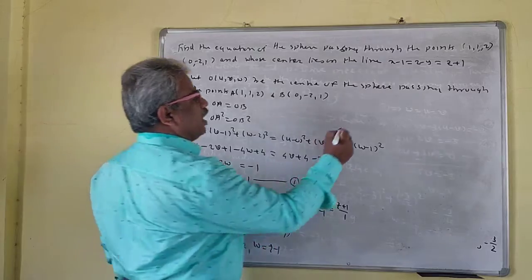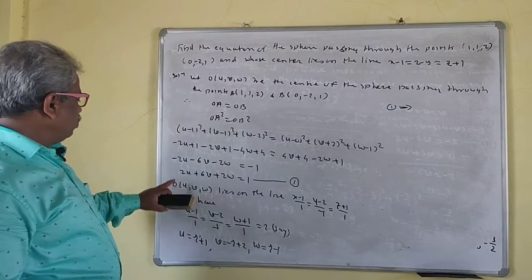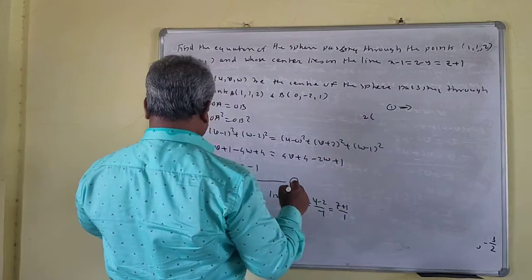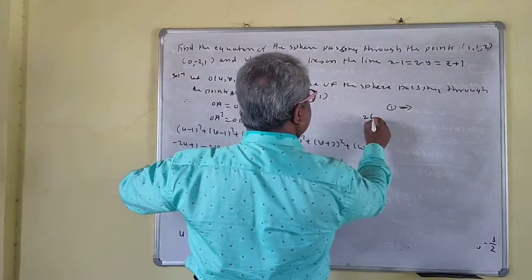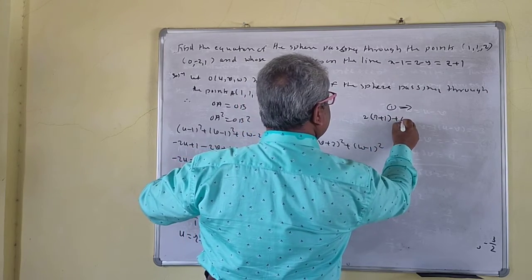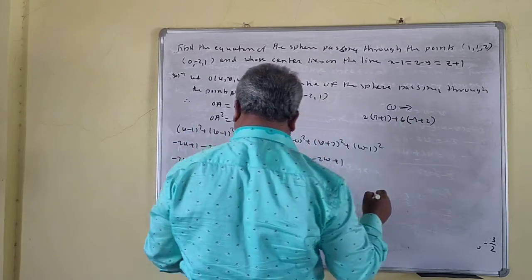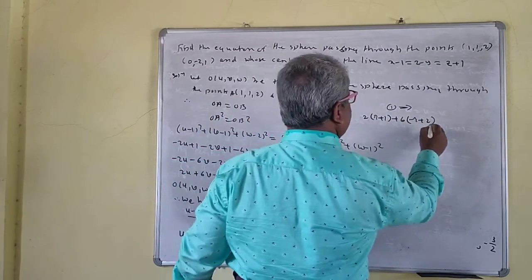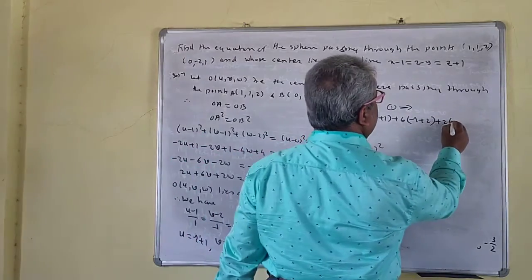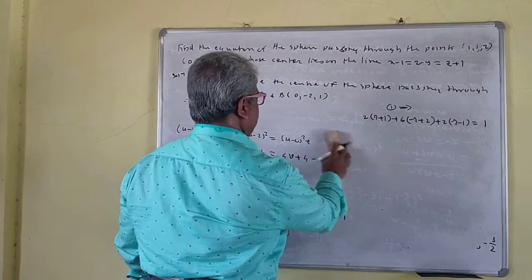Okay, so now we put u, v, w in equation 1. So 2 into u, which is r + 1, plus 6 times v, which is -r + 2, plus 2 times w, which is r - 1, is equal to 1.